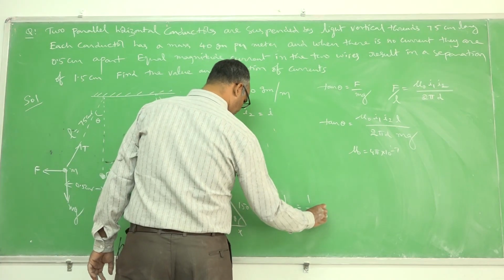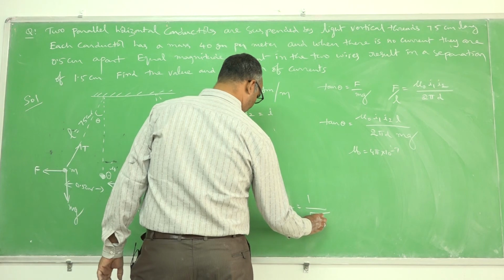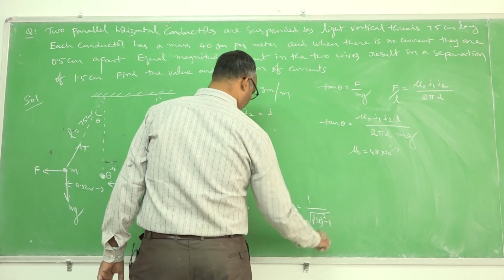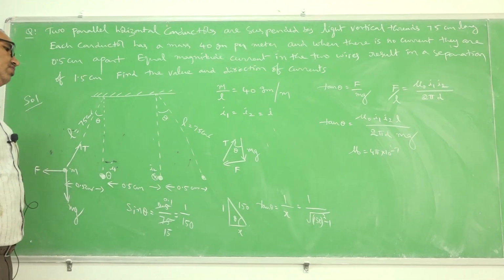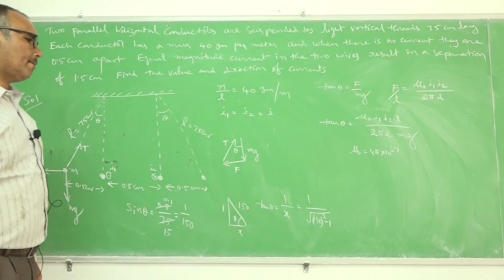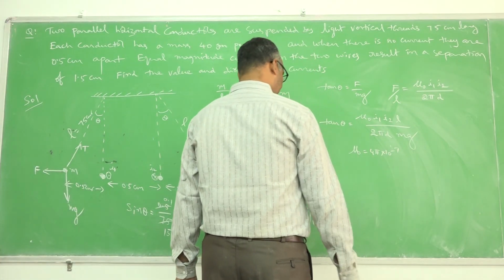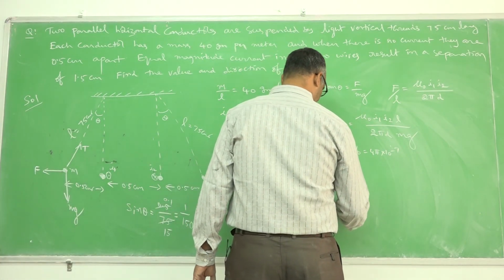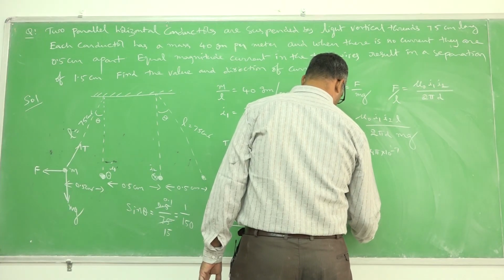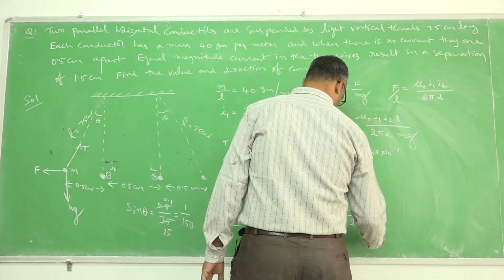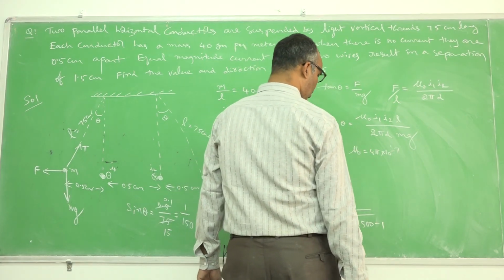So x is equal to square root of 150 square minus 1.